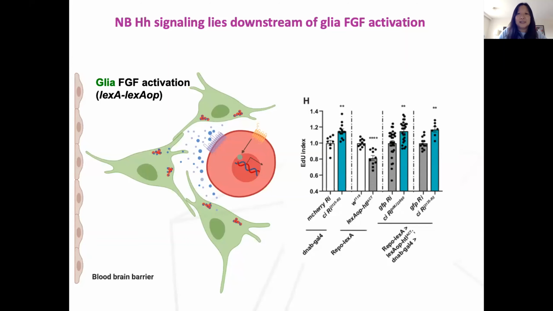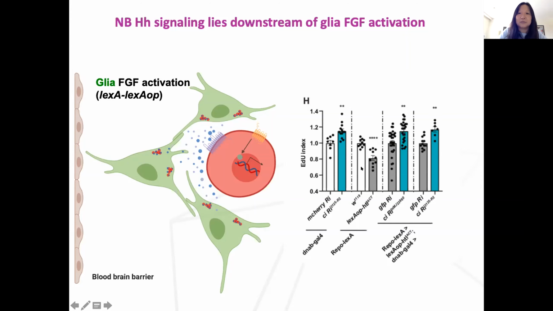So what she did here is using the GAL4-UAS system, she knocked down hedgehog signaling with RNAis against CI. And this is happening within the neural stem cells. And this caused an increase in cell cycle speed. In the adjacent compartment in the glia cells, she activated FGF signaling.